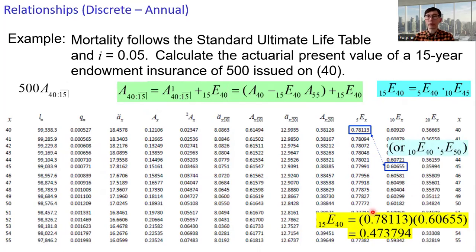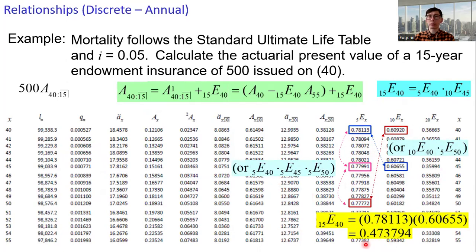Or else we can make use of the two quantities, 10E40 times 5E50, and you should get a similar result. Or 5E40 times 5E45 times 5E50. Multiply these three numbers, and you will get a number close to 0.473 as well.